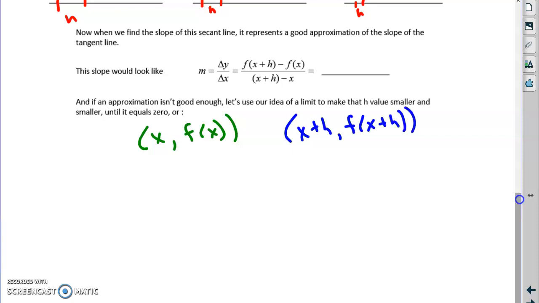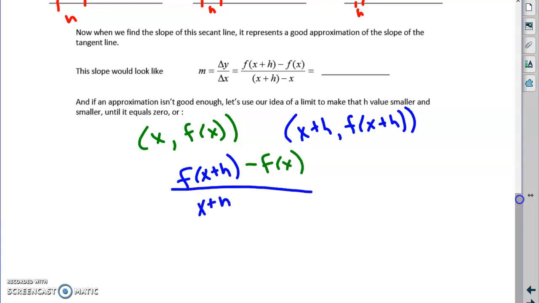We're going to find the average rate of change, change in y over change in x. And we want that h value to get smaller and smaller and smaller, so we're going to write it like this. Pretty cool thing. One last thing we want to clean up.